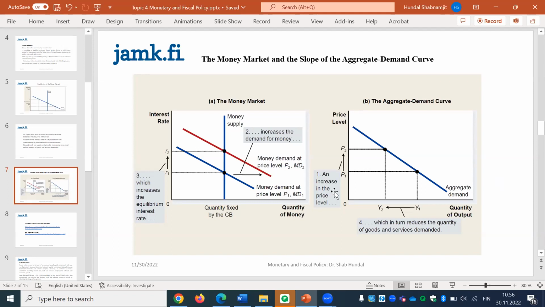That is, when the price goes up, point number 1. Point 2, the demand for money increases because with increased prices, if you have to maintain your living standards, you need more money. More demand for money leads to a higher interest rate, and a higher interest rate leads to a cut in your consumption, and you start preferring to save the money instead. Okay?